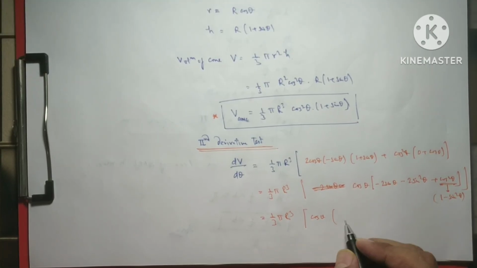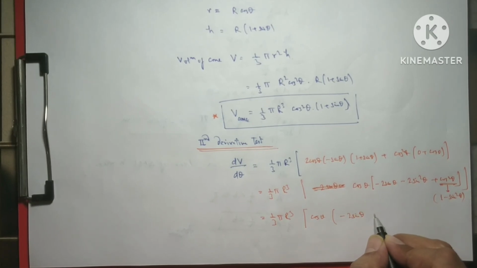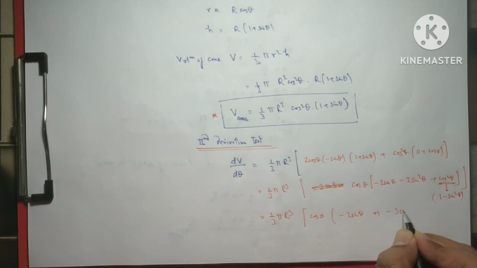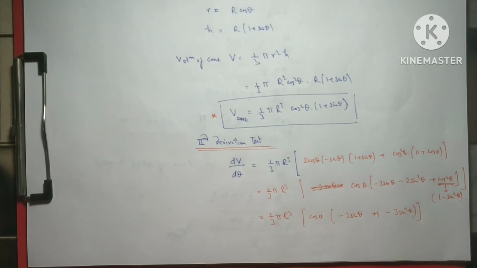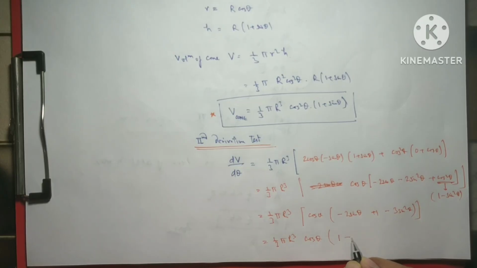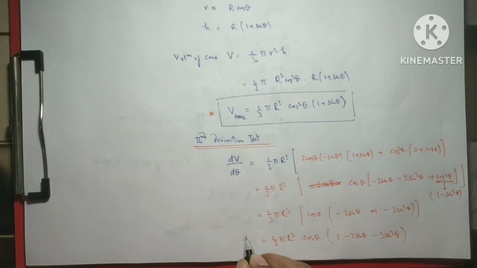So on simplifying this we get minus 2 sin theta plus 1 and minus 3 sin square theta, means 1 over 3 pi r cube cos theta into (1 minus 2 sin theta minus 3 sin square theta). It is dV over d theta.